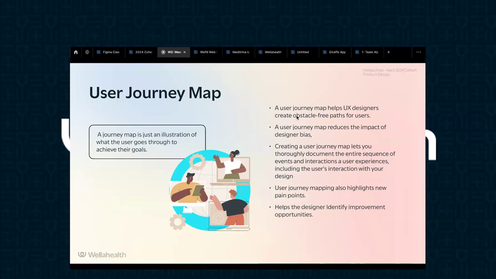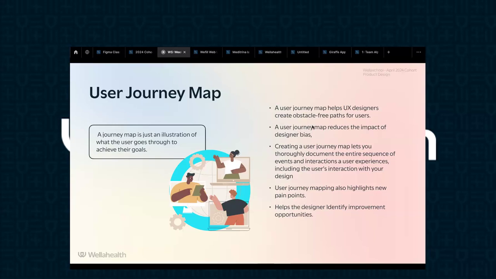User journey maps help designers create an obstacle-free path for users. In fact, it helps them understand the path, because if you understand the path, then you know where the obstacles are and where you can remove obstacles for users in order to solve their problems, right?